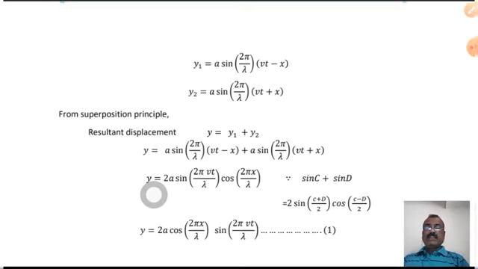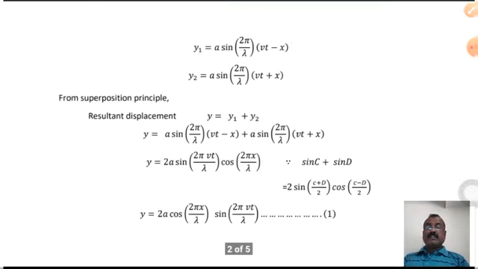Hence the equation is y is equal to 2a sin 2 pi Vt by lambda. How come this equation? 2 pi can be taken out. Vt plus Vt is 2 Vt divided by 2, the 2 goes off. Hence the equation is 2a sin 2 pi Vt by lambda, similarly cos 2 pi x by lambda.